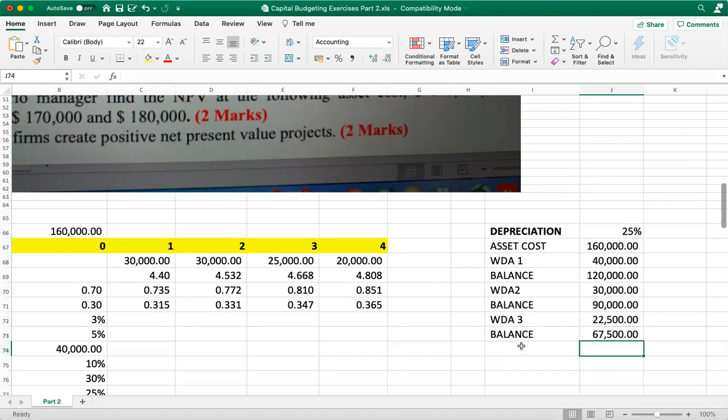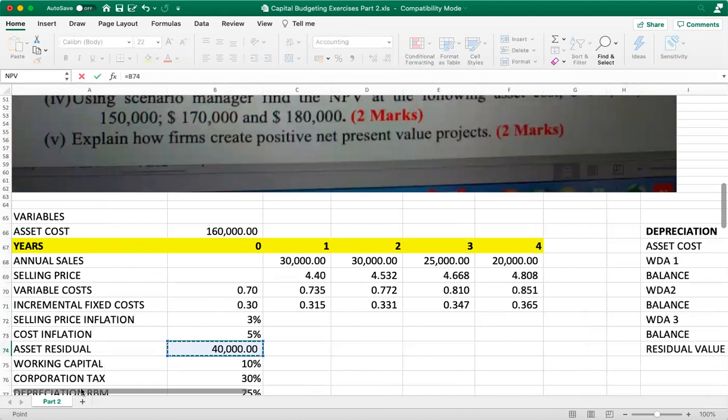22,000. Now, when we come to year four, number one, we are told there is a residual value. And the residual value is 40,000. Again, we link. So you say equals, you pick it from where our variables are. And we are told asset residual value, 40,000. So we pick it from there.